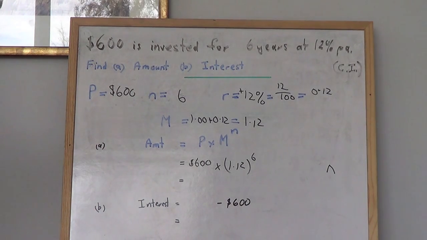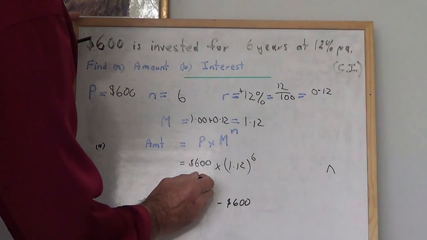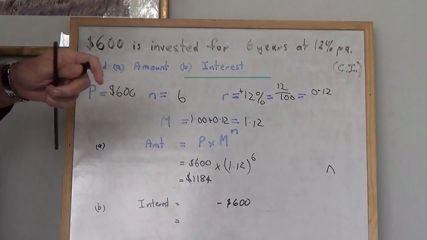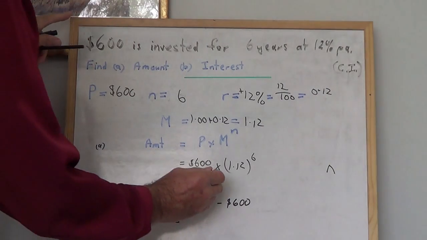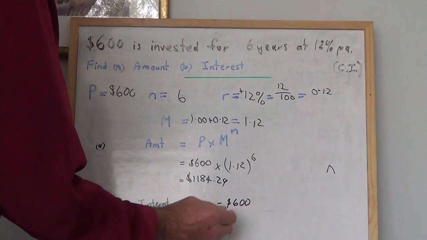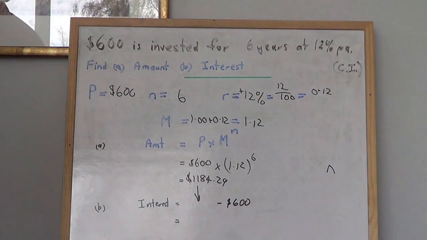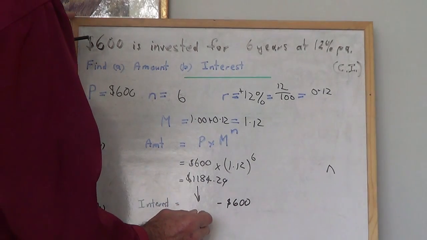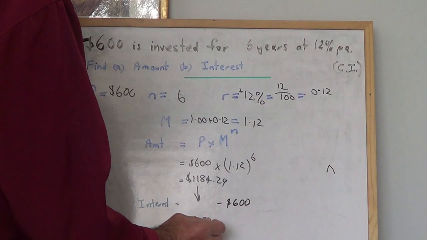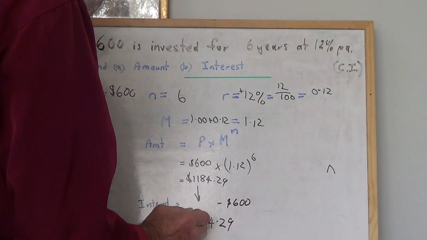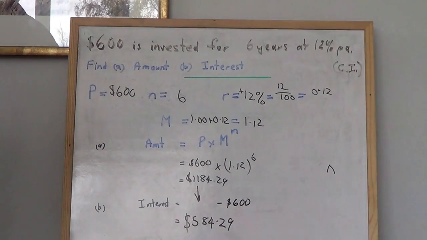It's $1,184. We'll get the cents. The cents is 29 cents. So we put that in there, and we take away $600 from it, and that should be $584.29, and that's the interest. That takes care of that problem.